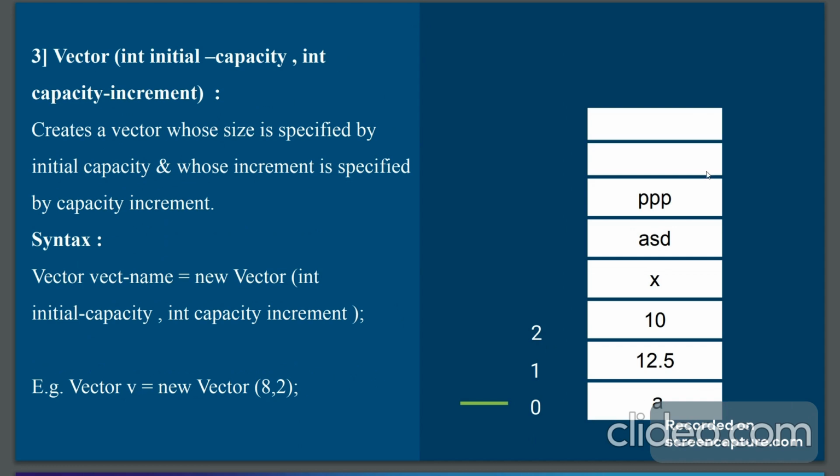So if I store all the 8 elements in the vector, and if I try to store ninth element, as increment is given, it will accept the ninth element and will give additional space for the two elements. So this is how this third constructor works.